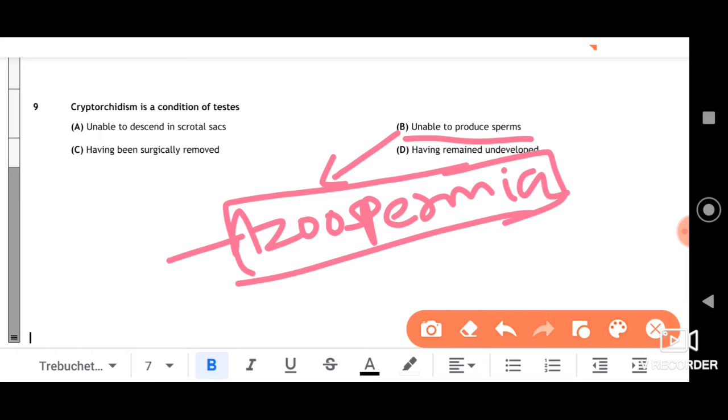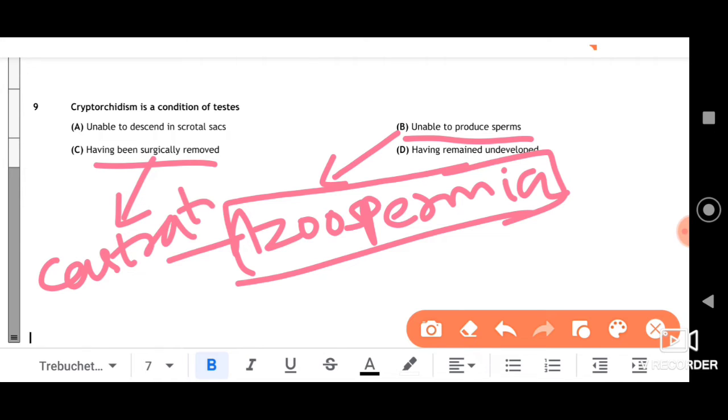Then, dear friends, the third option, having been surgically removed. The surgical removal of the testis is called castration, which is also not the option. The fourth option is having remained undeveloped. That is also not the option here. Cryptorchidism is a condition where the testes are unable to descend in the scrotal sac. So please go for option A. That is your right answer.